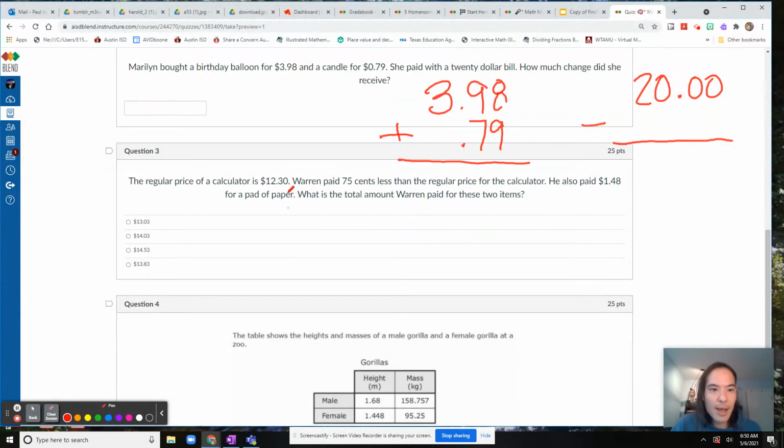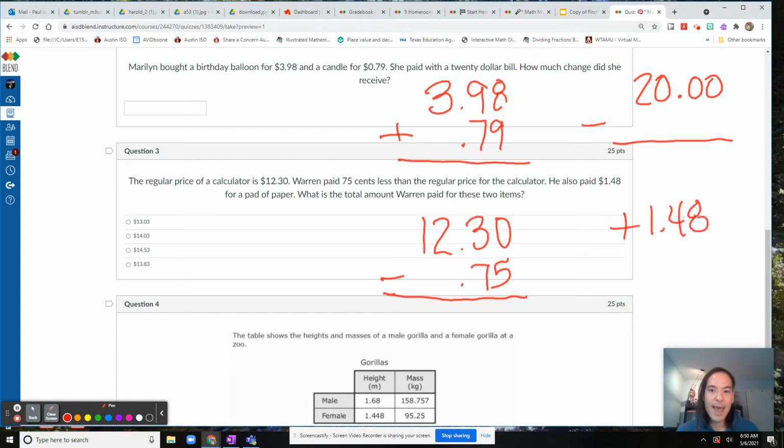All right. Question 3, the regular price of a calculator is $12.30. Warren paid 75 cents less than the regular price of the calculator. He also paid $1.48 for a pad of paper. One way that you could do this, take the original amount, subtract how much the calculator was, and then take that amount and add $1.48 to that.